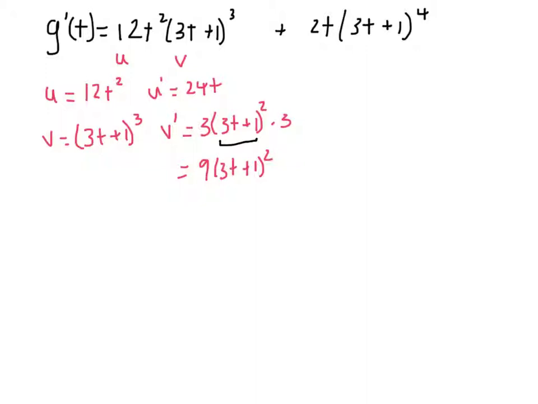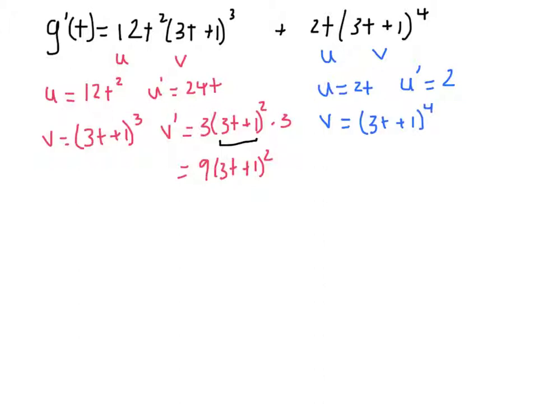In this pair of factors, I'll use blue to indicate my u and my v. U is 2t, so u prime is 2. And v is our familiar function 3t plus 1 to the fourth.